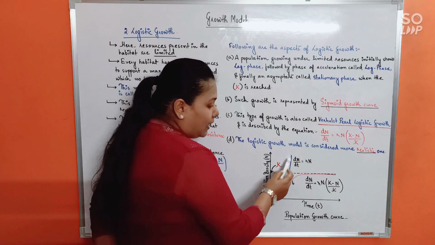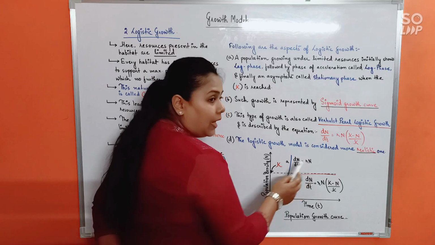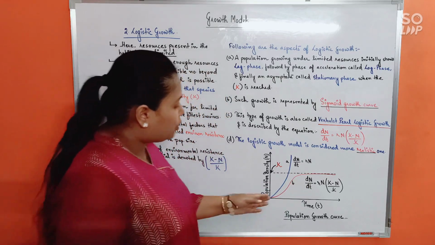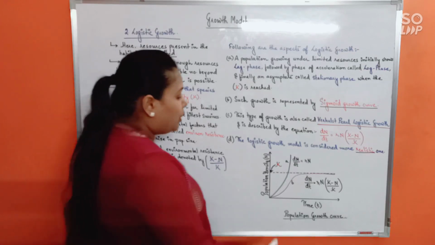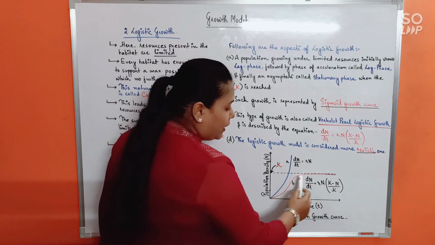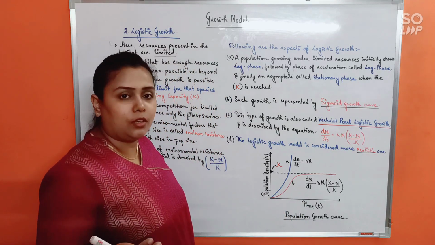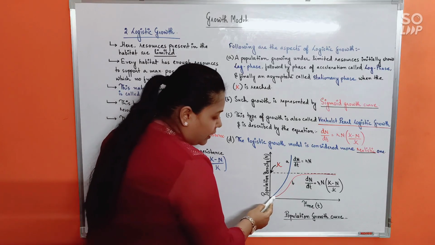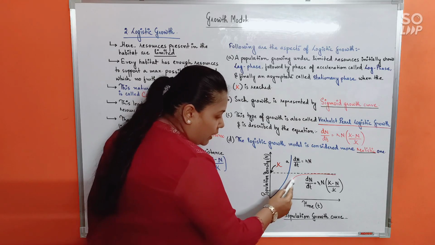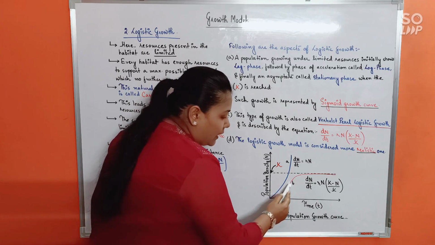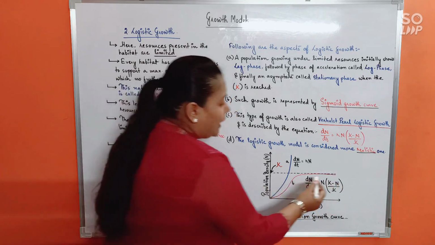Okay, where A is the growth curve and it is denoted by the equation dN by dt is equal to rN. Alright, whereas in logistic growth, because we take into consideration that the resources now are limited, in that case we have three distinct phases in the growth curve, giving it an S shape or sigmoid growth curve. Okay, we have initially a very slow rate of growth called the lag phase, then suddenly it has risen up and we call it the log phase, and finally the carrying capacity.